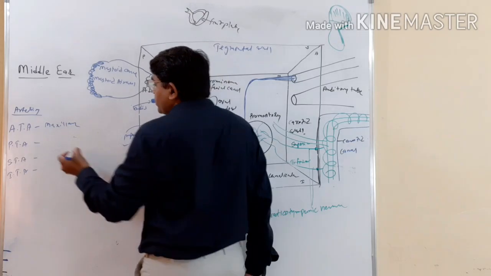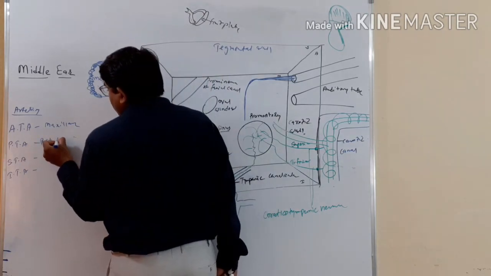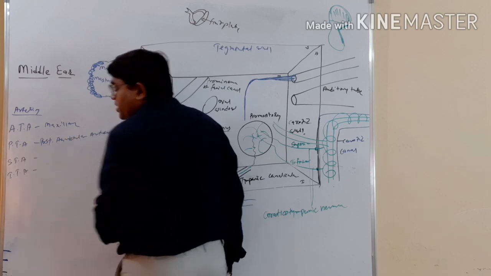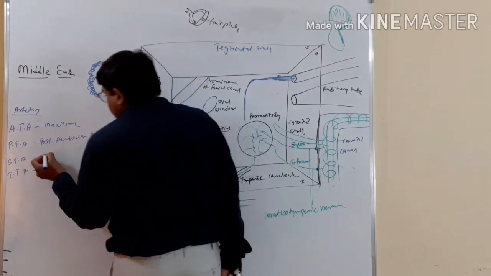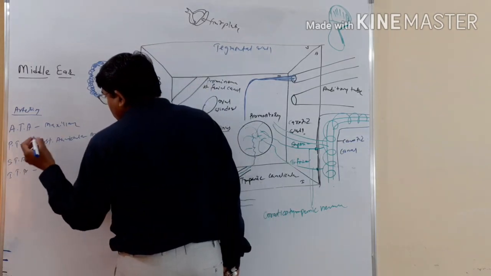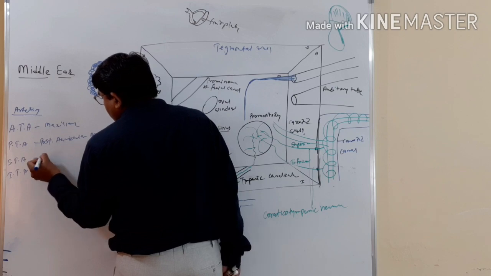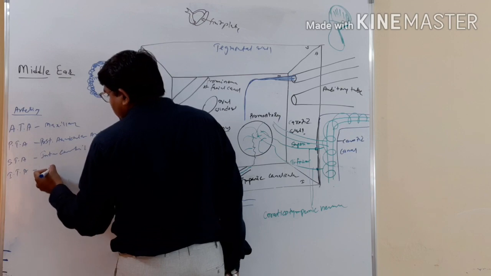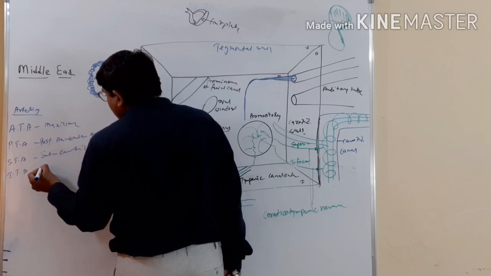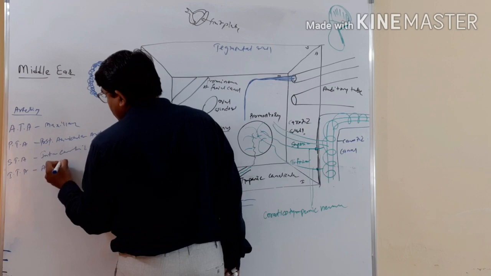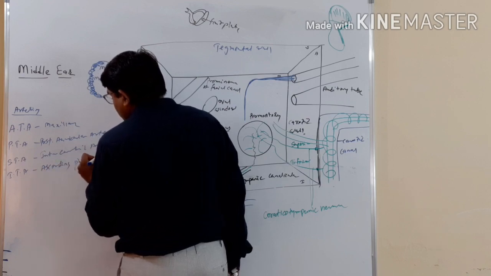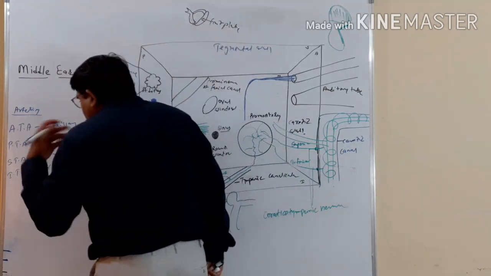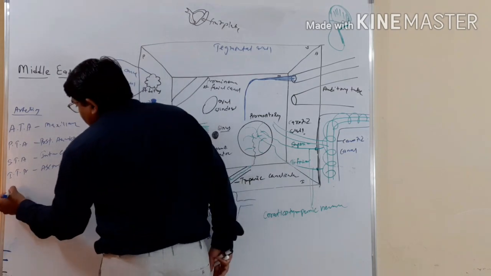The posterior tympanic artery is a branch of the posterior auricular artery. Then the superior tympanic artery is a branch of the internal carotid artery. Then the inferior tympanic artery is a branch of the ascending pharyngeal artery. And some other arteries are also supplying.